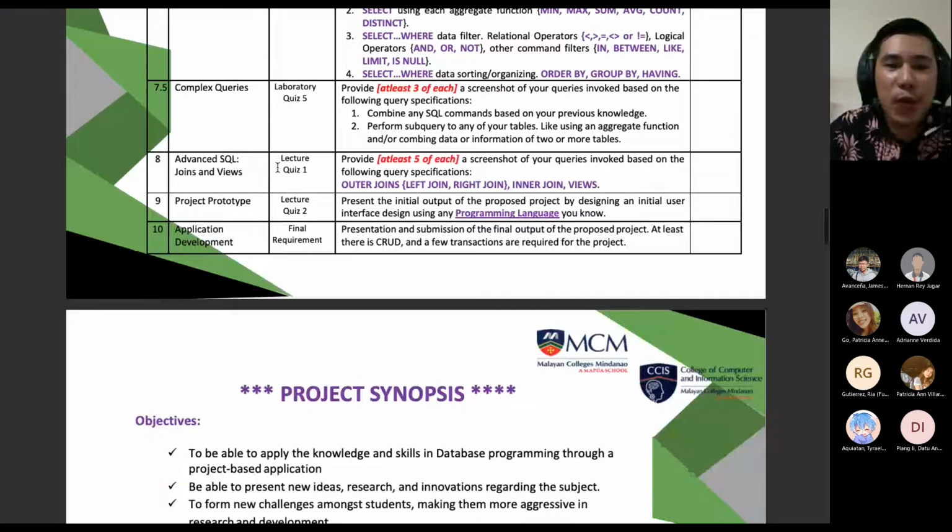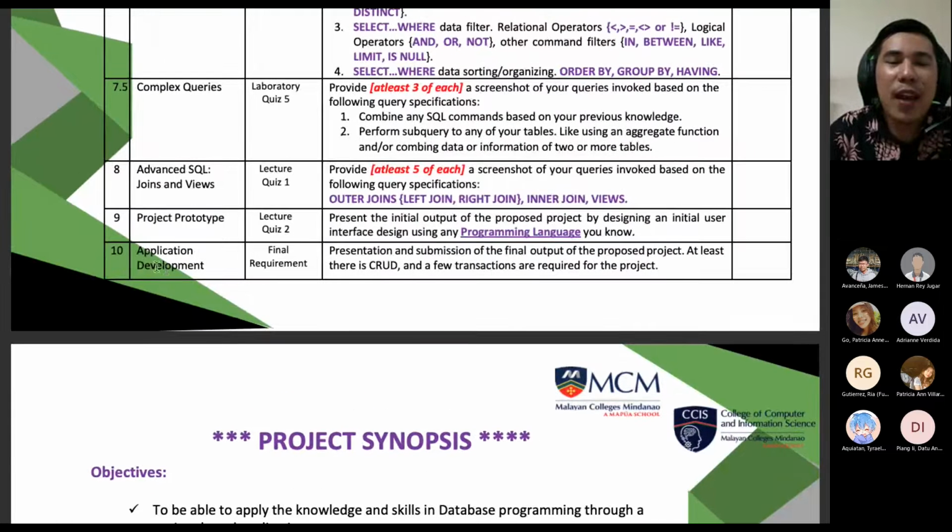Okay? And then deliverable 10 is application development. This is not a full-blown app development. This is just in preparation of how you can actually apply SQL, and how we are going to connect our database to a specific language. So we are only dealing with CRUD.